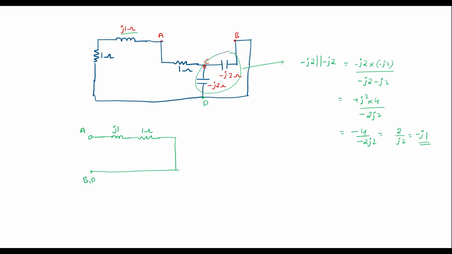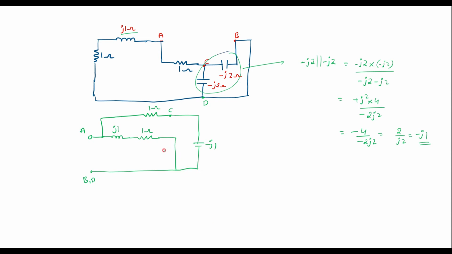So now to the point C, 1 ohm is connected between A and C. So this is A. Between A and C, there is a 1 ohm resistor. Say this is point C. And here we are supposed to connect minus J1. That is minus J1 is connected to this point.